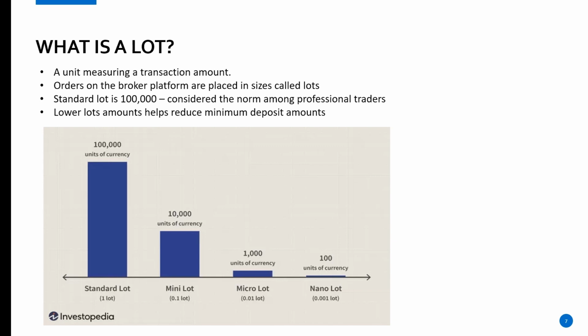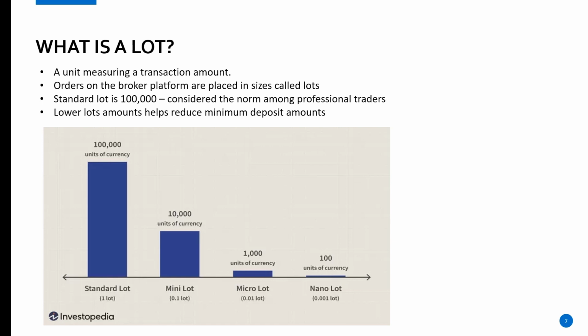In forex we have three major lot sizes: a standard, a mini lot, and a micro lot. When you're placing an order on the broker platform, you place your order in sizes, and these sizes are called lots. A standard lot in forex is 100,000 units of currency.